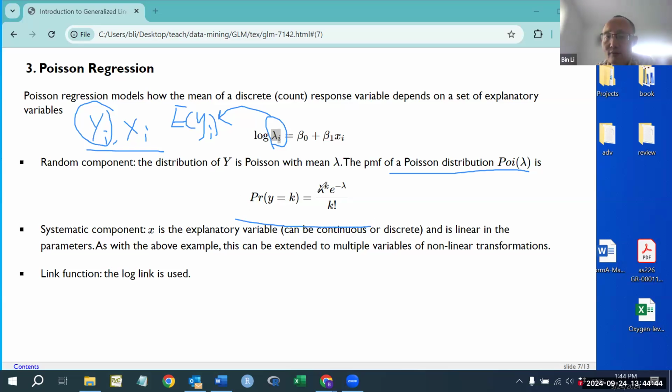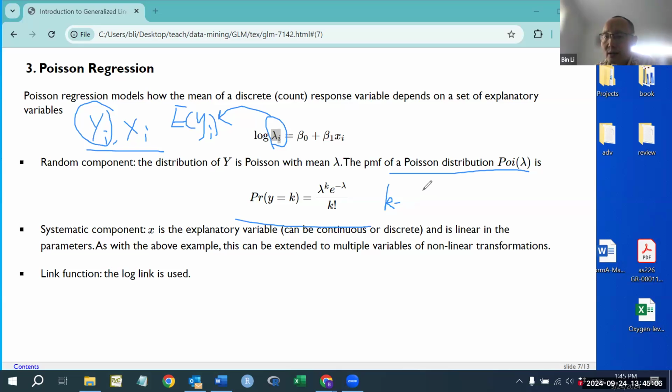And the PMF is lambda to the k times exponential of negative lambda, divided by k factorial. What is k factorial? Let's say k is an integer.